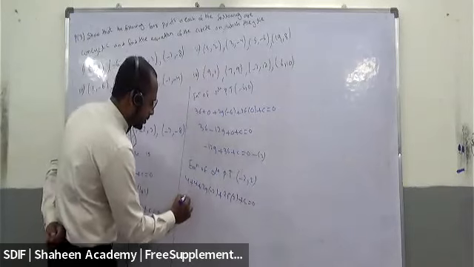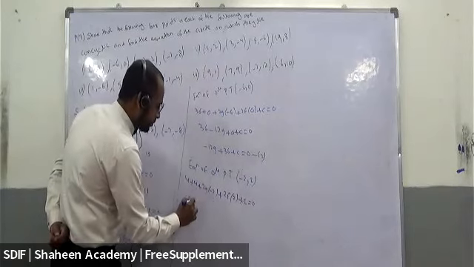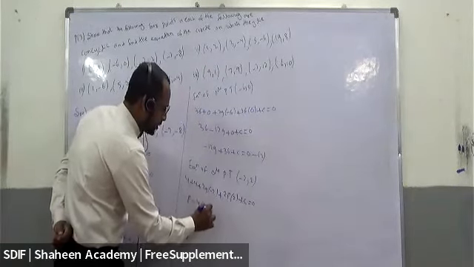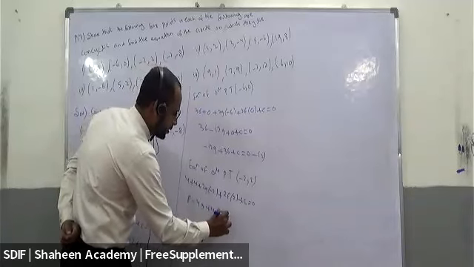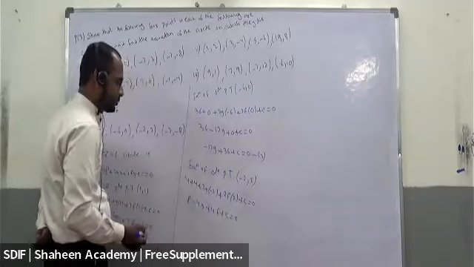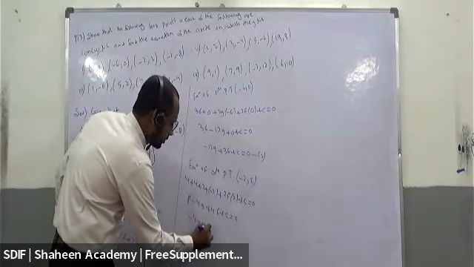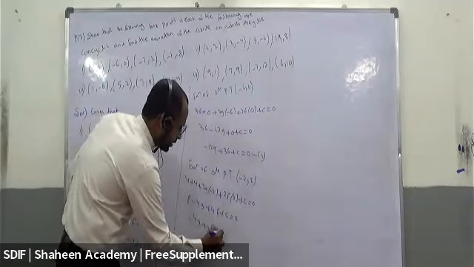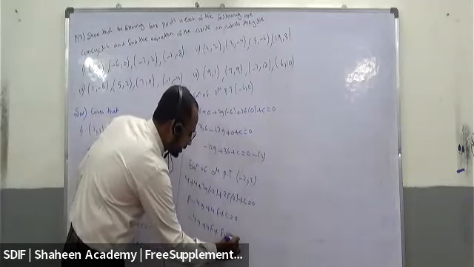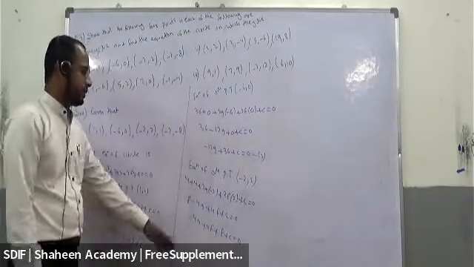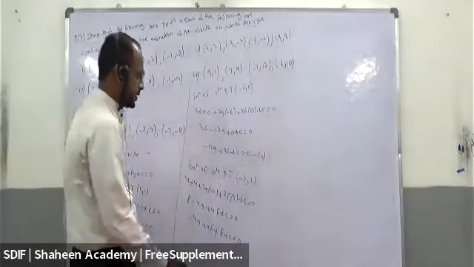So 4 plus 4 is 8, plus minus 4g plus 4f plus c is equal to 0. So we write minus 4g plus 4f plus 8 plus c is equal to 0. And this is our equation 3.